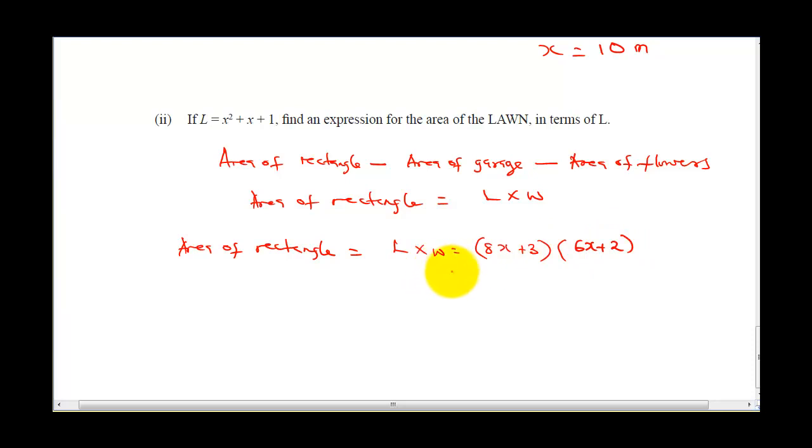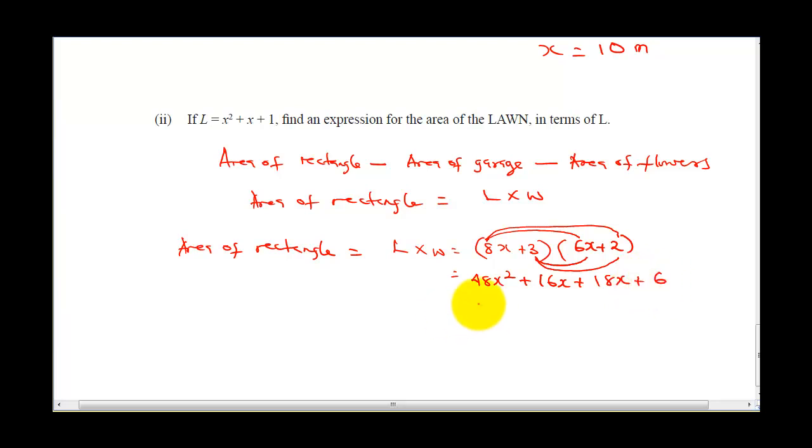So you use this to multiply this, and you use this to multiply this. So this is going to be 8x times 6x, which gives us 48x squared. 8x times 2 gives us 16x. 3 times 6x gives us 18x, and 3 times 2 gives us 6.